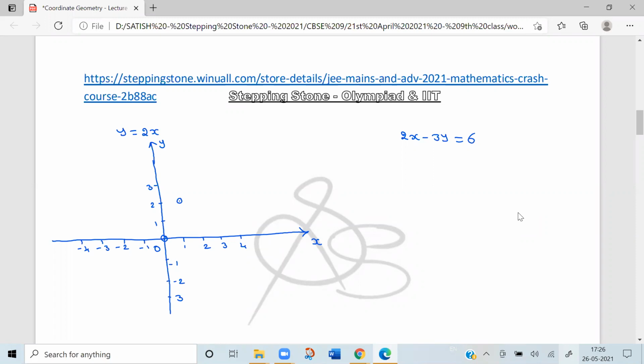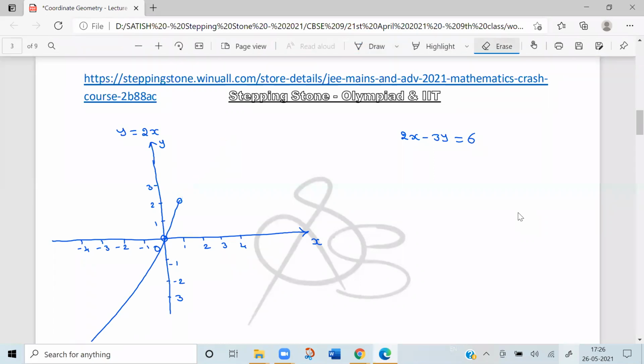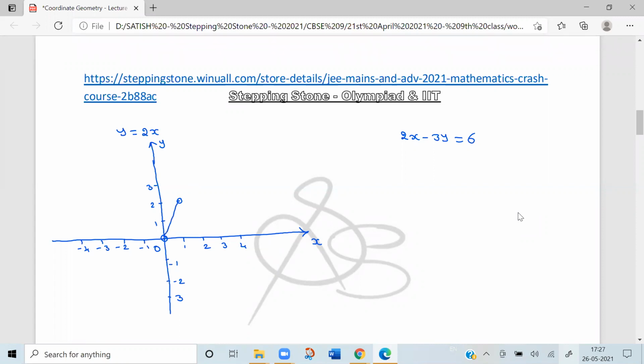So these 2 points are enough to draw the line. Here's the line y equal to 2x. Now, here also the scale is 1 centimeter equal to 1 unit on x-axis and 1 centimeter equal to 1 unit on y-axis.